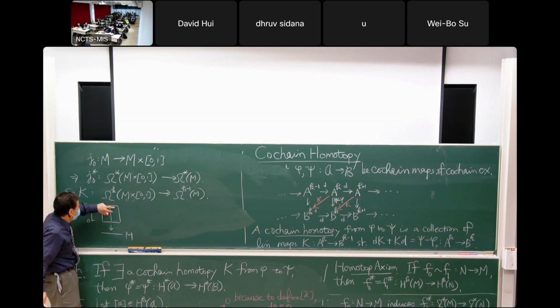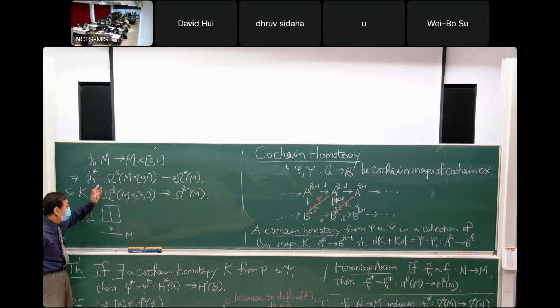You have a k-form here, and you want a k minus 1 form here. So the natural thing is to integrate along the fiber. The fiber is the inverse image of a point. Let's say this interval has coordinate t. If you integrate with respect to t, you get rid of dt, and you will reduce the degree by 1.